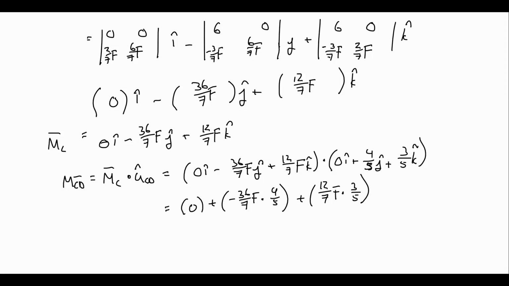Again, notice on this line, there's no i, no j, no k. I get a scalar as my answer. So if I add this all together and keep it in fractional form, I get negative 108 f over 35.